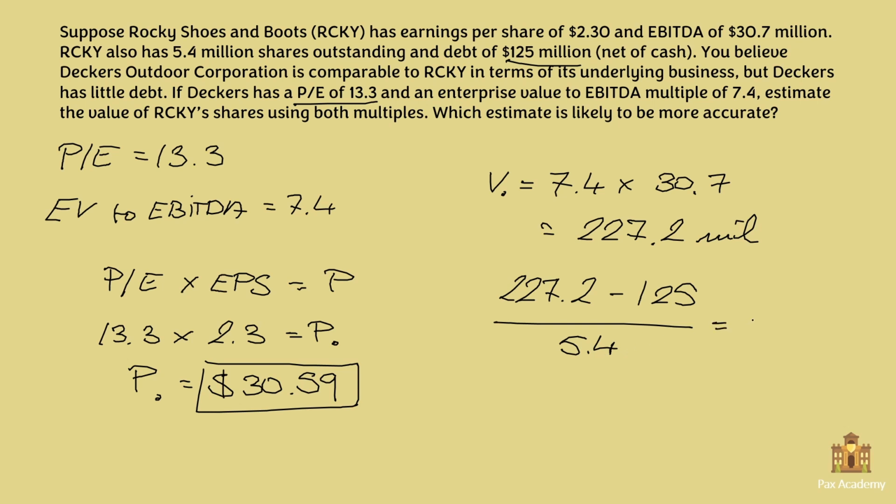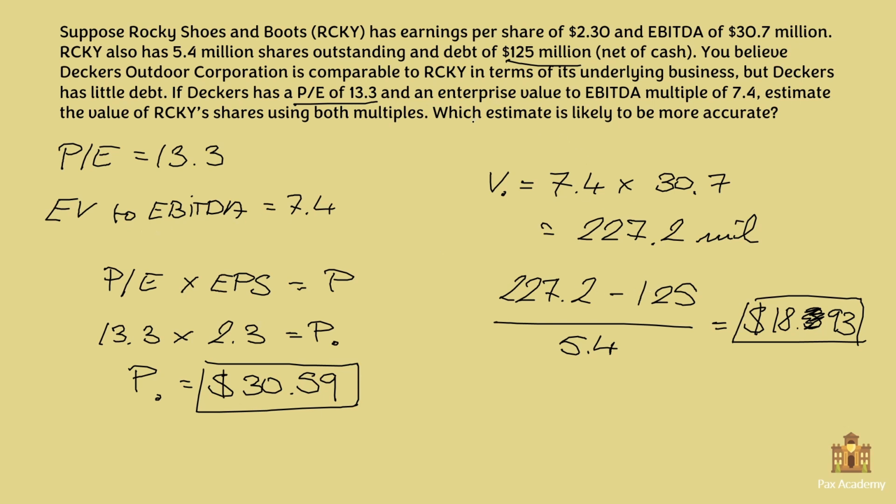And this should give you $18.93. So this is the price of a share when you use the enterprise value to EBITDA multiple.